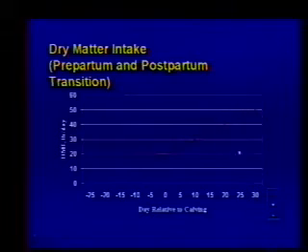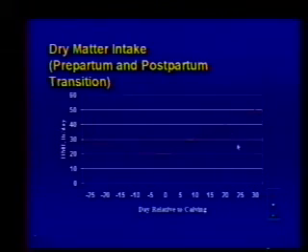Consequently, in order to meet the challenge to produce the milk that she is genetically programmed to do, the cow must mobilize fat, or must use body reserves, to maintain energy balance.